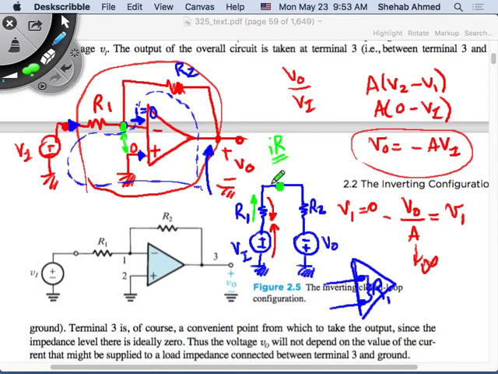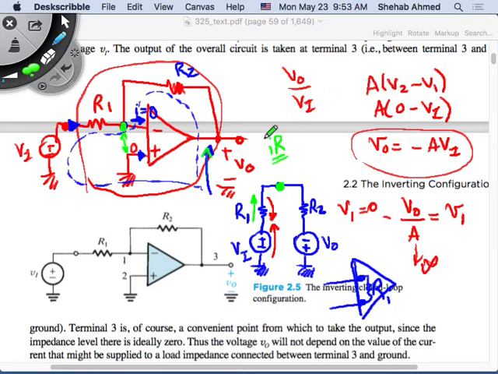I can now make this voltage very small. If I make the voltage very small, ideally 0, what does that mean? That means that the output here is equal to A times (V2 minus V1), and V2 minus V1 is 0. There's no difference between V2 and V1.